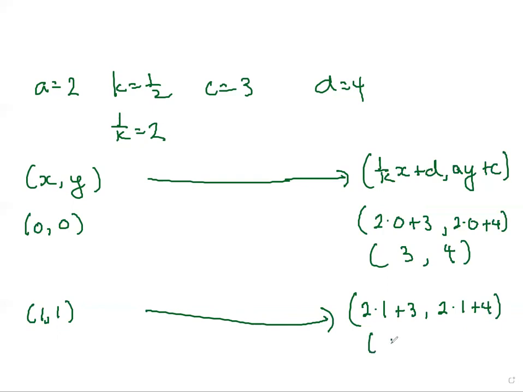My parent function now has 5, 6. And I'll do one more. My parent function had 2, 8 to it. 2 times the 2 plus 3, and 2 times the 8 plus 4. The point that was really, really high up in my graph would be 7, 20.